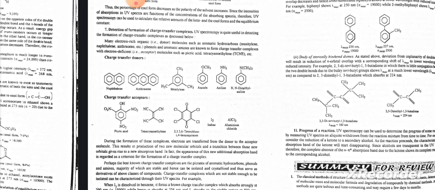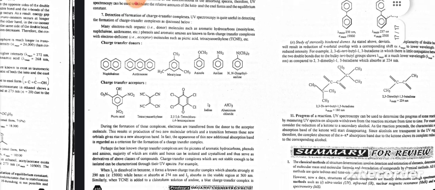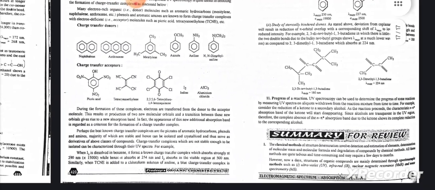Many electron-rich organic molecules such as aromatic hydrocarbons, phenols, and aromatic amines are known to form charge transfer complexes with electron acceptor molecules such as picric acid, tetracyanoethylene, etc. During the formation of these complexes, electrons are transferred from the donor to the acceptor molecule. This results in production of two new molecular orbitals, and transition between these new orbitals gives rise to a new absorption band.